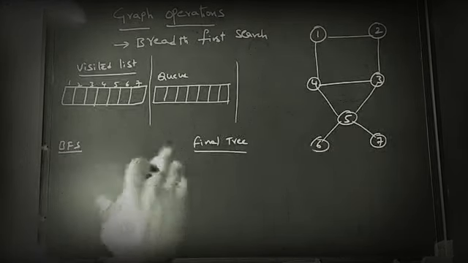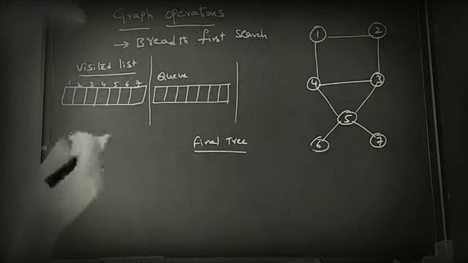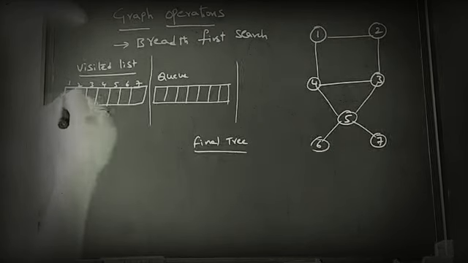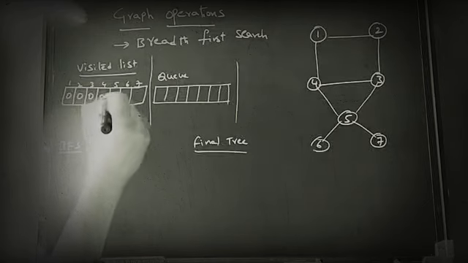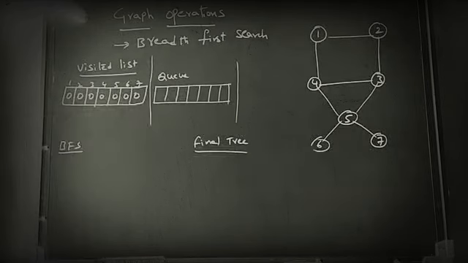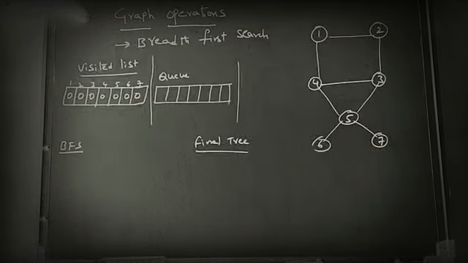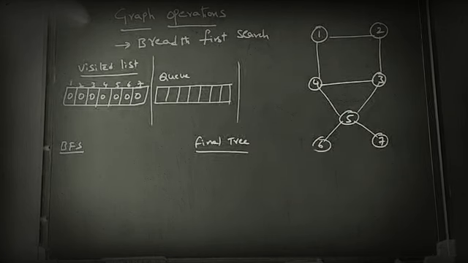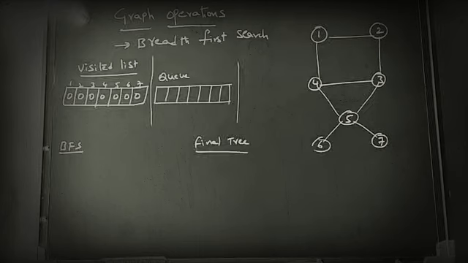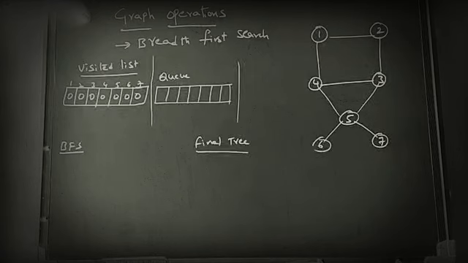The tree is nothing but a subset of the graph. Initially we have not visited any node, so it is 0. Whenever we visit a node, it is replaced with 1. This is for checking whether we can visit the same node again. If it is 1, don't visit the node because we already visited it.